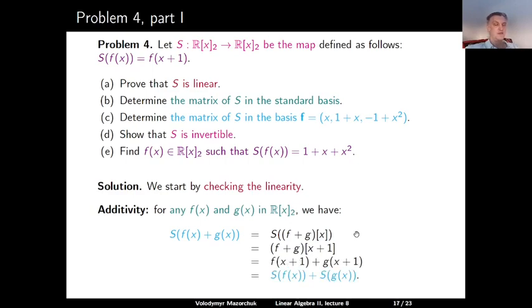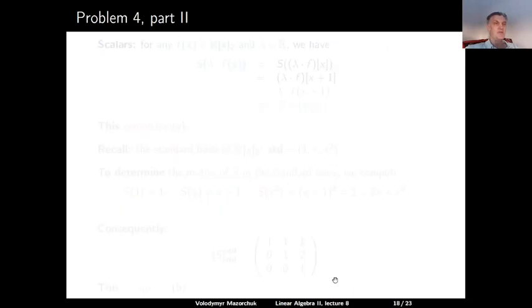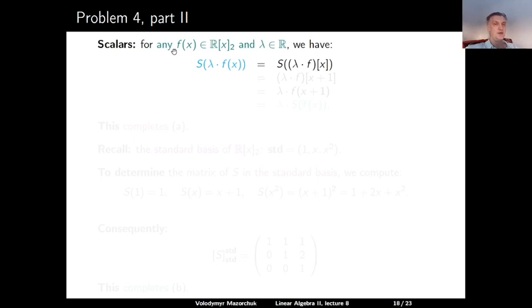And by the definition of S, f(x+1) is exactly the value of S at f(x), and g(x+1) is exactly the value of S at g(x). Similarly for multiplication with scalars, for any polynomial f and scalar lambda, S applied to lambda times f(x) is the same as S applied to lambda f evaluated at x.